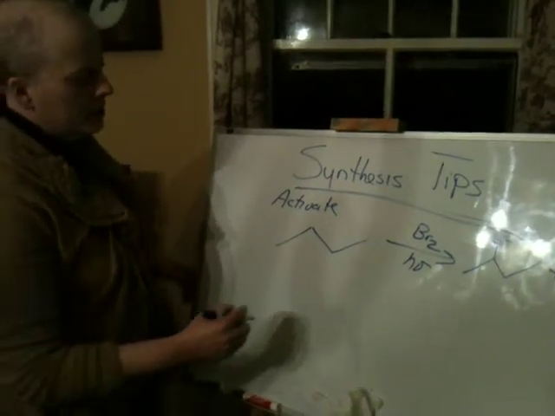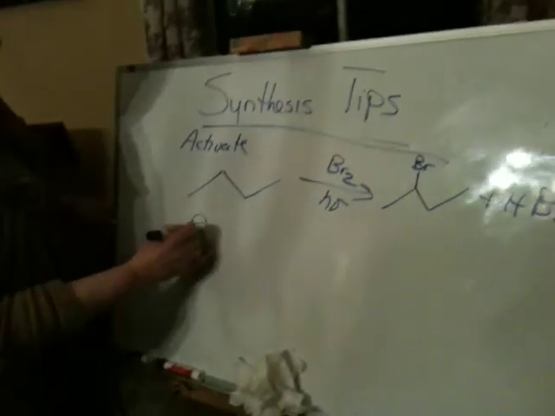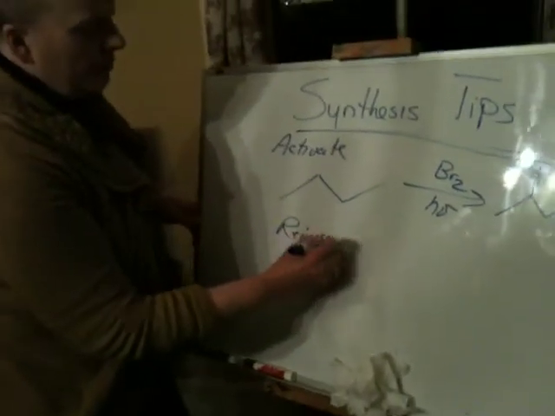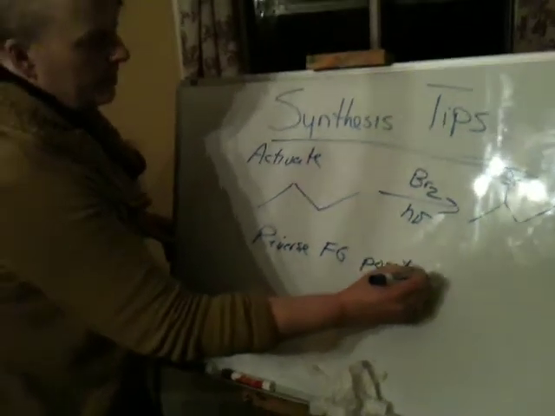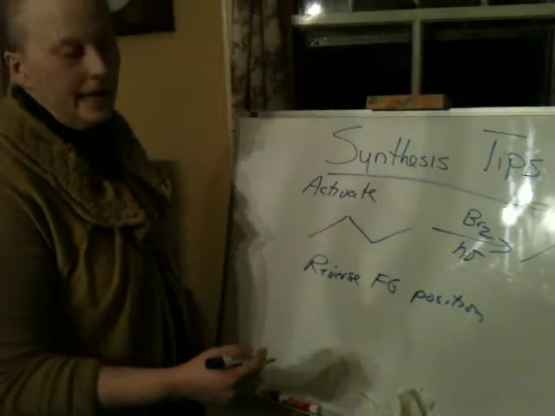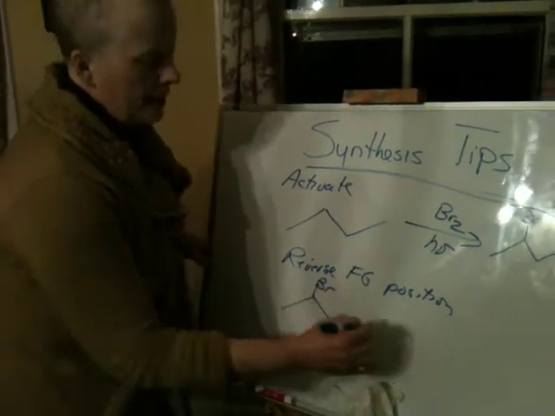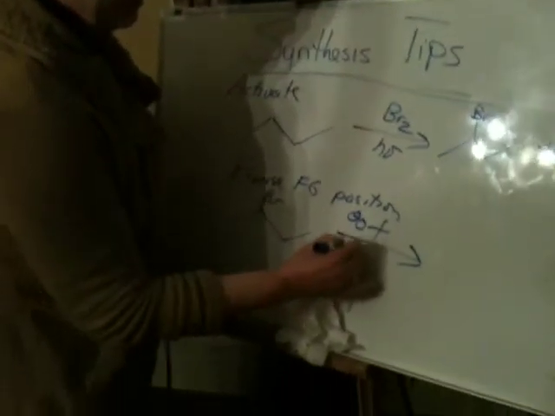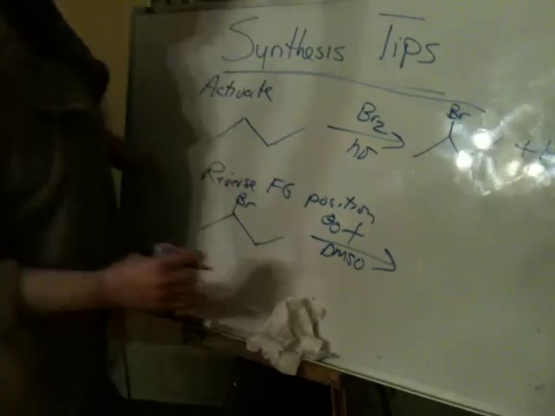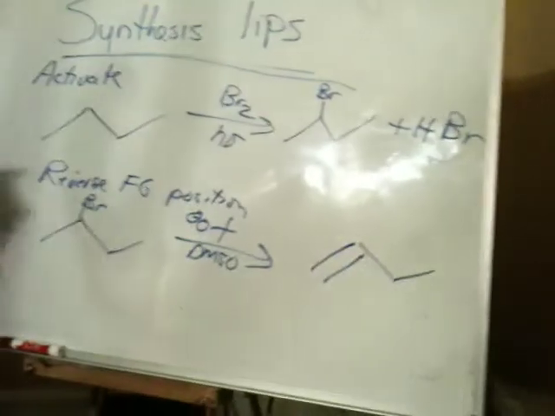To reverse positions, so for example, say I've got the bromine in there, the way that you reverse functional group positions is by elimination and then re-adding. So if you had something like this, and let's say you added a bulky base to it, elimination means you have to pull off a beta hydrogen, you would end up with this, okay?